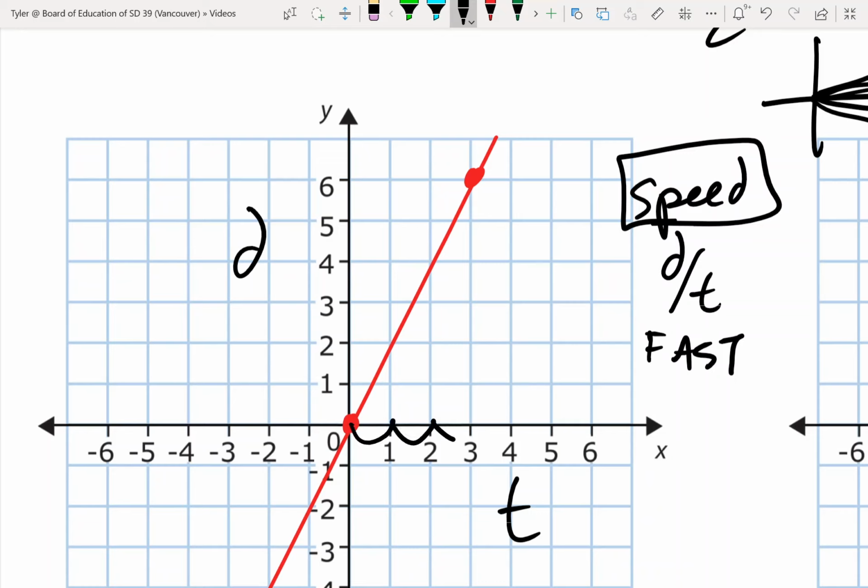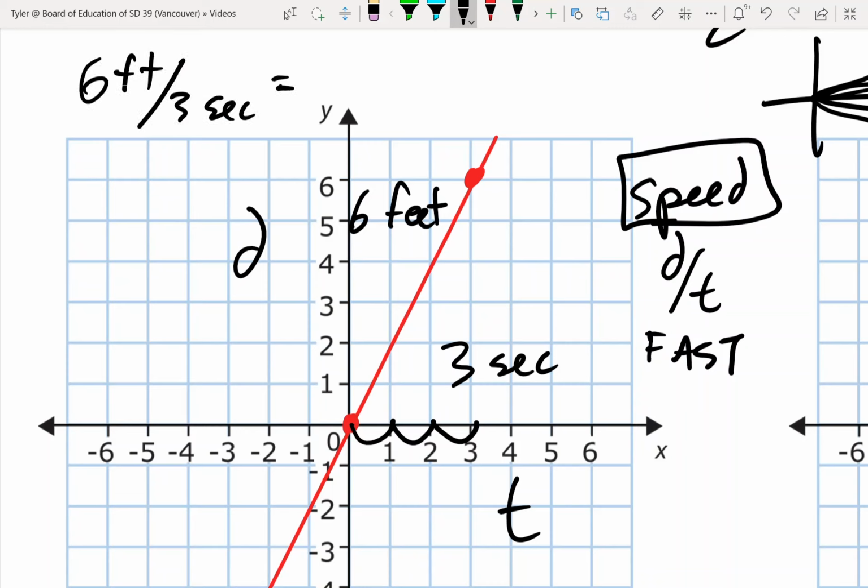So let's look at this person. They took 3 minutes, or let's say seconds, okay? So they took 3 seconds to go 6 feet. Okay, that was the distance, that was the time. 6 feet per 3 seconds.